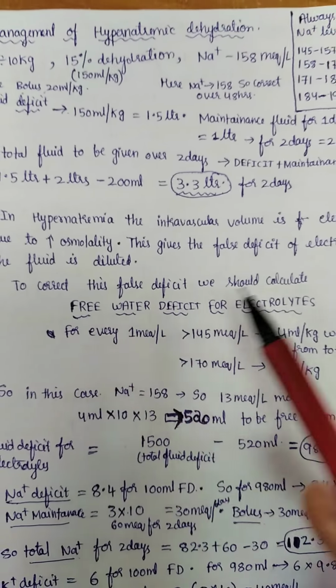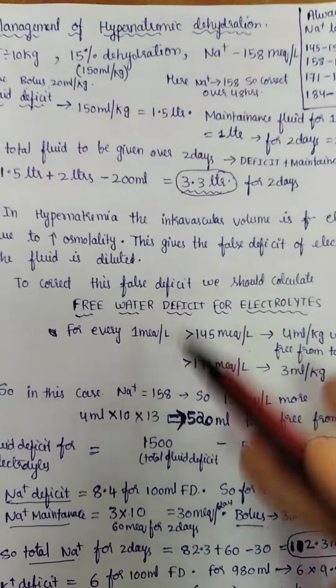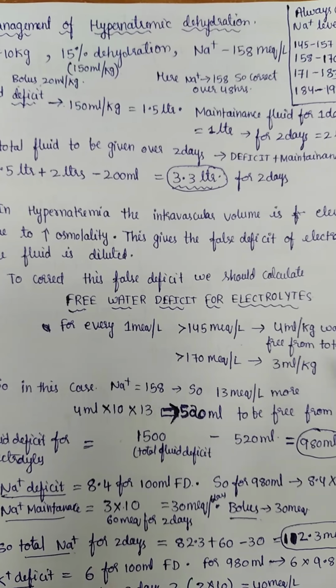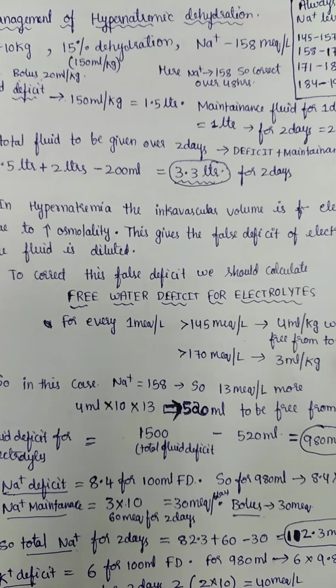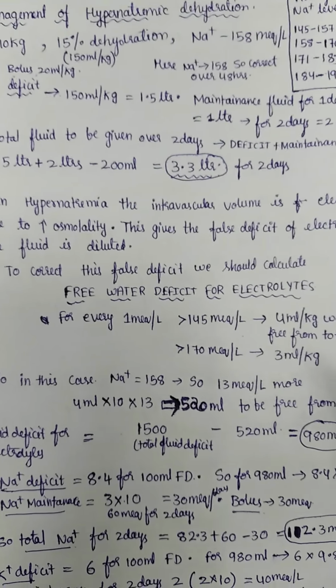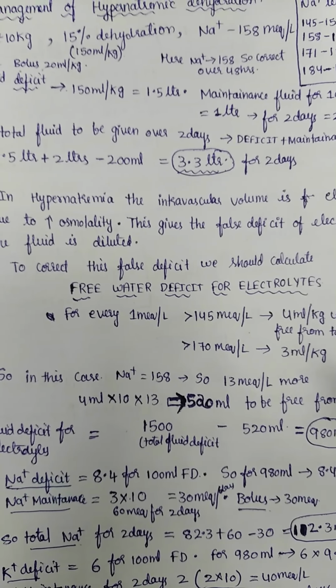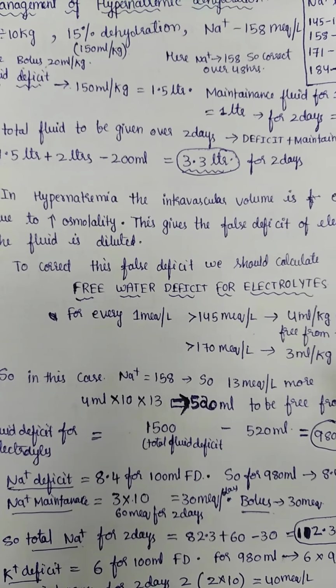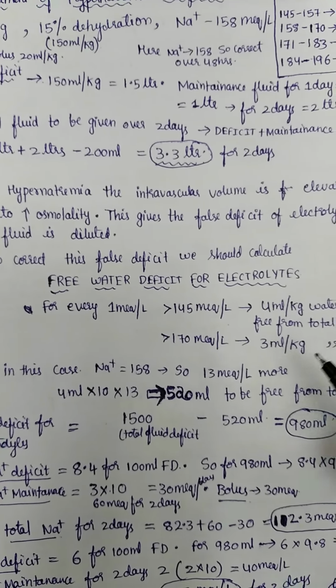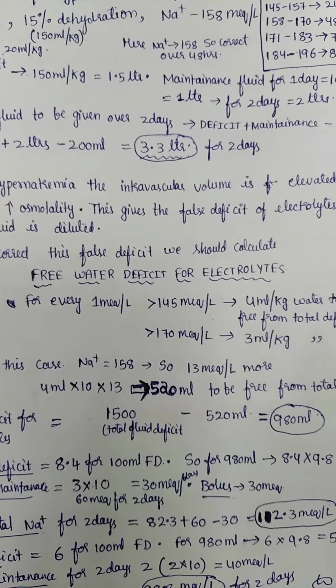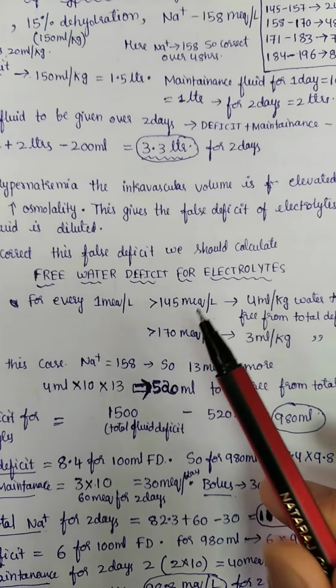I will explain. Because the water is diluted due to the osmotic effect of increased sodium levels in the intravascular volume, we will not get the correct levels of electrolytes. So we should calculate the correct levels. For this, there is a formula.